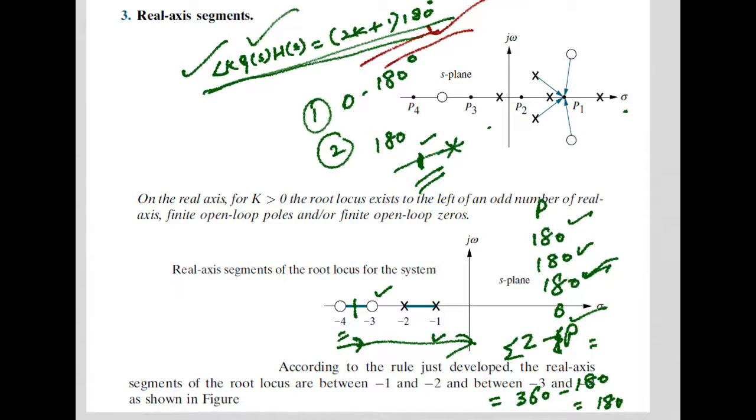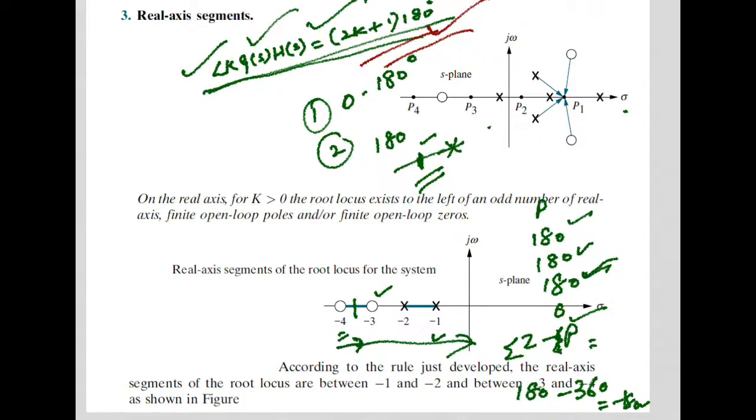It is opposite. We have to write first the zeros and then the poles. In this case the contribution of zeros is 180 degree, and the contribution of poles in this case is 360 degree, and again we are getting 180 degree, which is actually the odd multiple of 180.